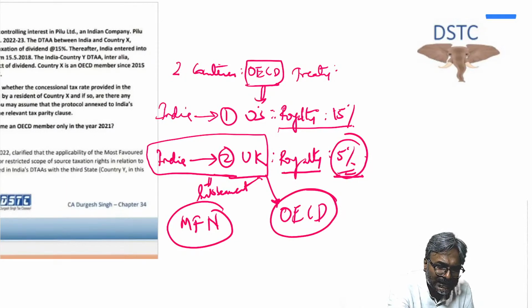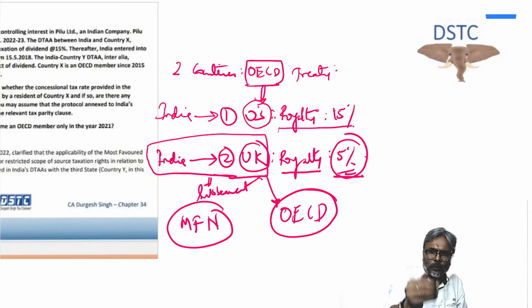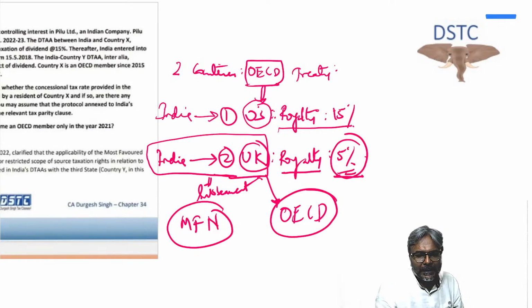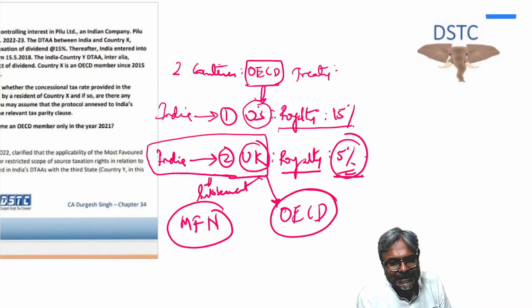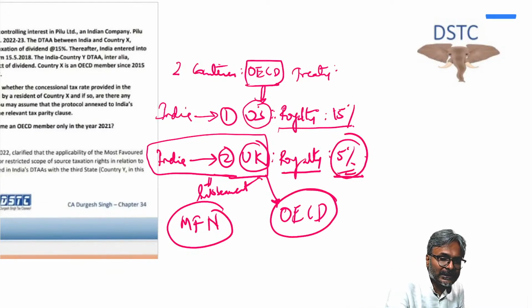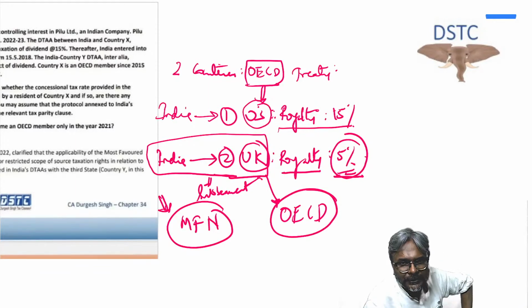Now friends, US and UK both are OECD countries, OECD members. Now if US and UK are OECD members, then there is a concept of MFN. MFN full form is most favored nation.